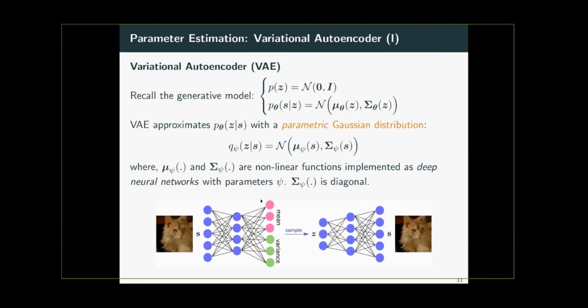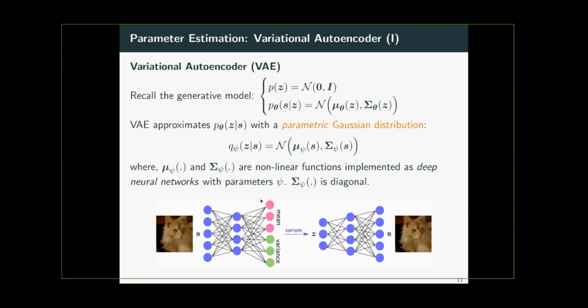Okay, and now the question is how to train this. So you have to put all this in the evidence lower bound that I showed before. And then you obtain this. Okay, so you have the expectation over the approximate posterior of the log likelihood of the generative model, and then the regularization term. And because the expectation cannot be computed in closed form, what you do is sample.